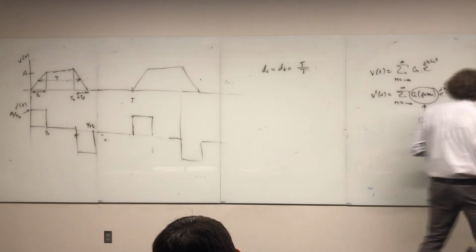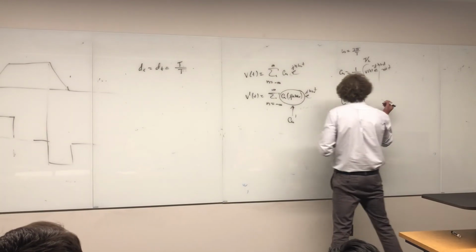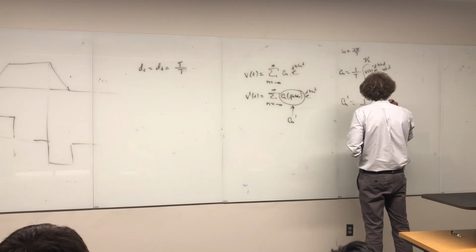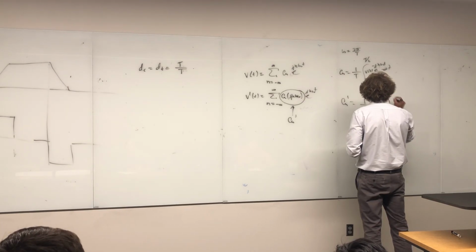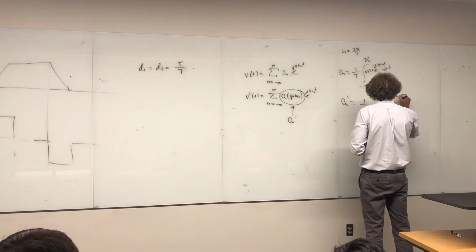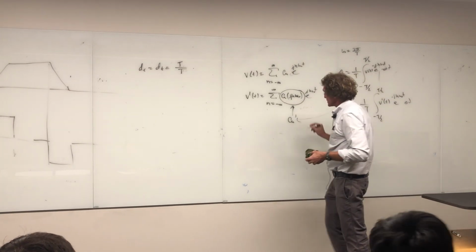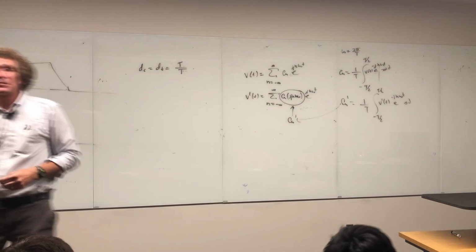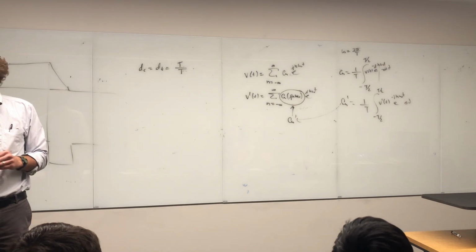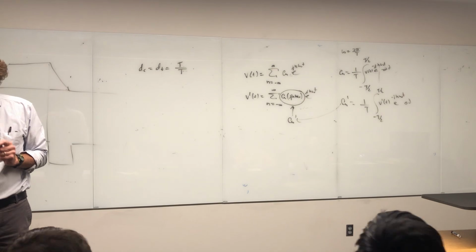What is that coefficient going to be? Now it's going to be c of n prime is simply 1 over T, and it's the derivative of v right here, from minus T over 2 to T over 2, of e to the minus j n omega naught t dt. Now that coefficient is that coefficient. And you see it's related to the Cn we want by simply dividing by jn omega naught. Do you all see this, class? Some of you haven't had this.